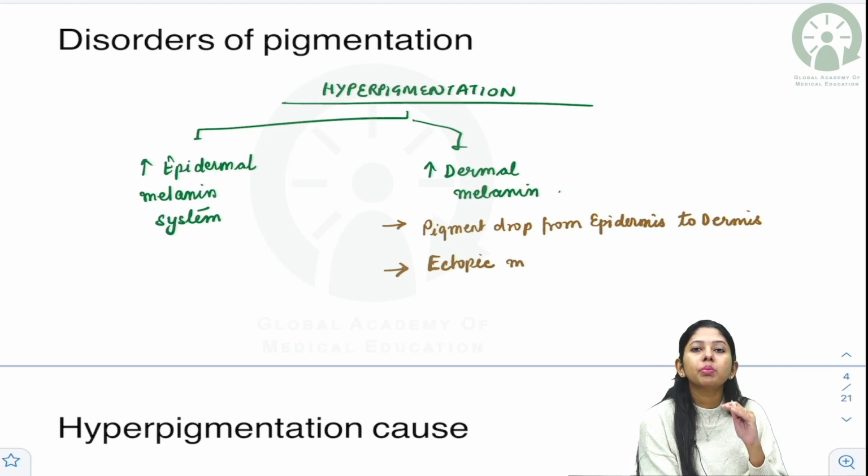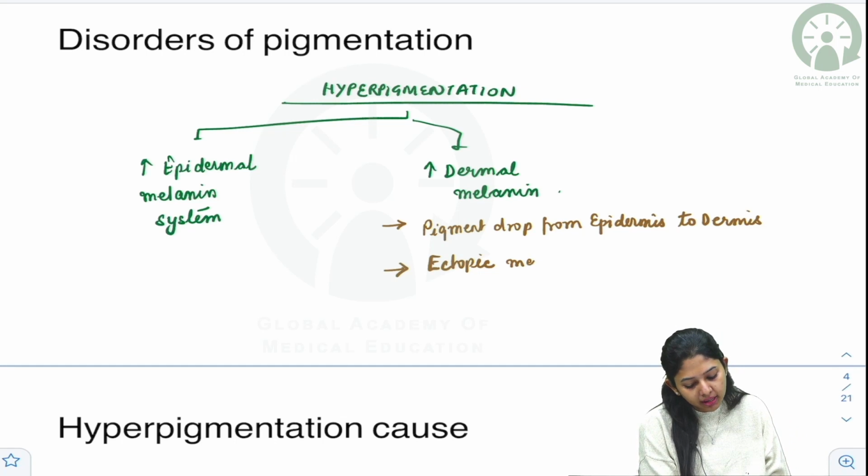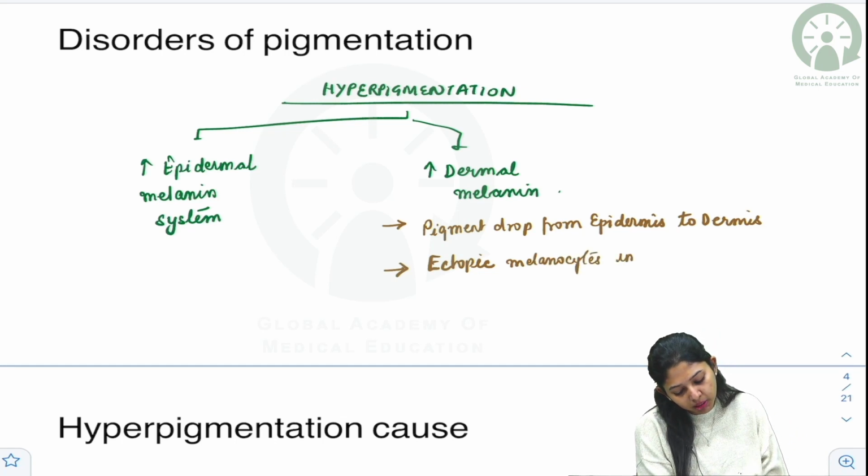Normally, melanocytes are present in the basal layer. They are derived from the neural crest and they are now residing in the basal layer. Now, if during the migration of melanocytes they get arrested in the dermis, we will have melanocytes in the dermis, and they are ectopic melanocytes because that is not where they are usually found. So you can have ectopic melanocytes in the dermis producing pigment, right?